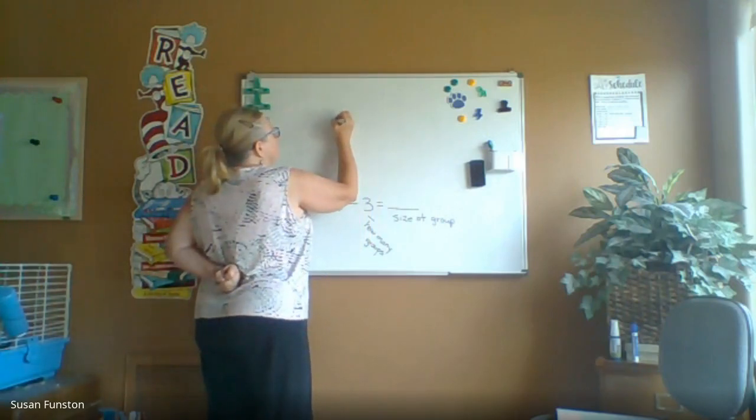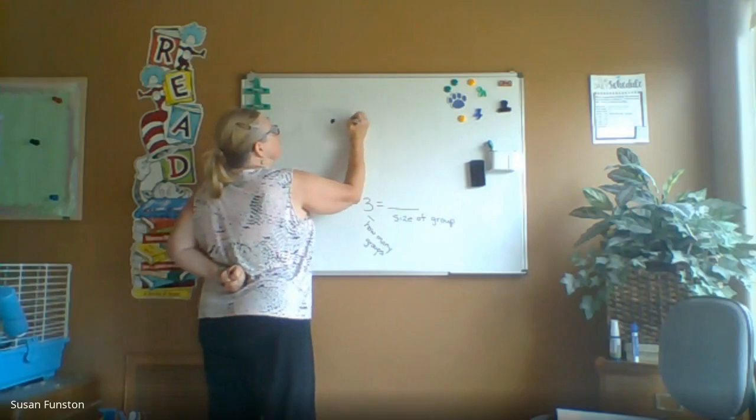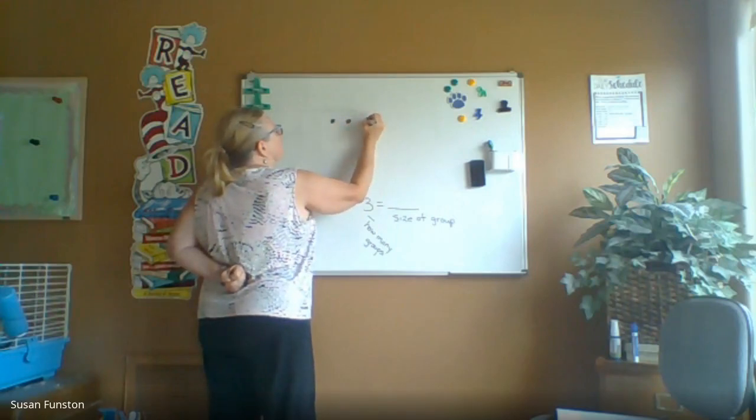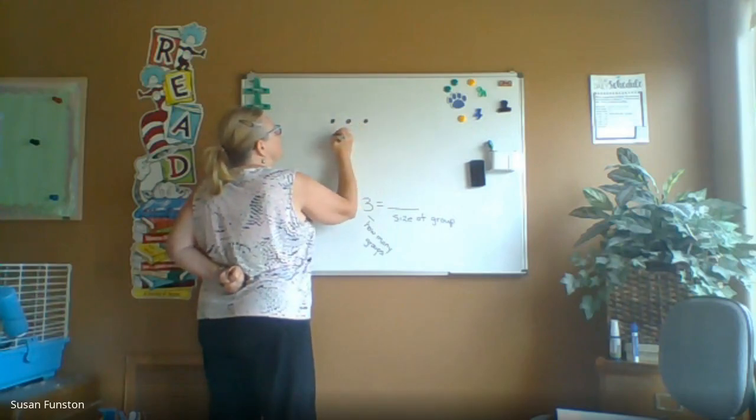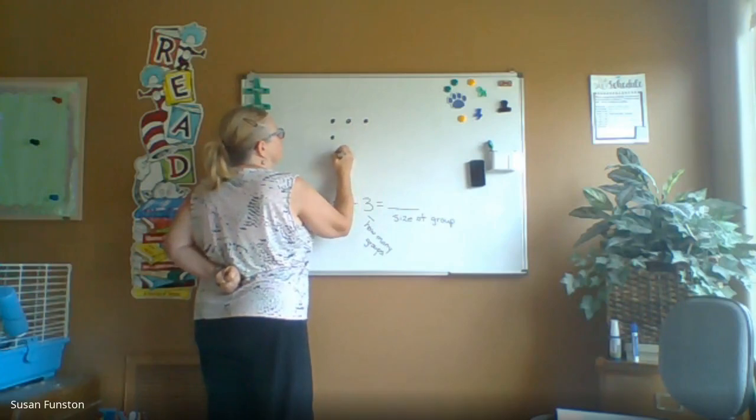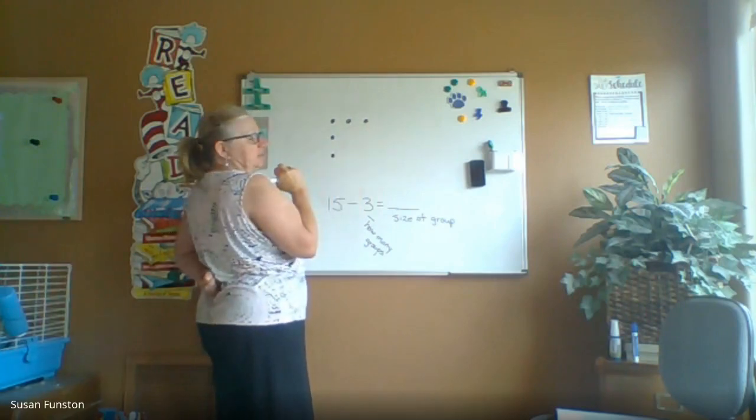Okay, so I have 15. And I'm going to divide it into 3 groups. But I don't know yet how many are going to be in each group.